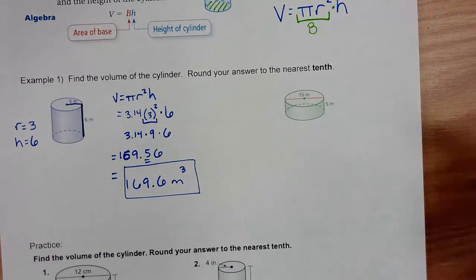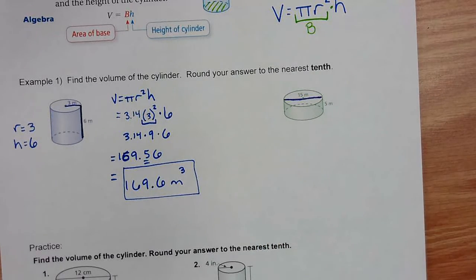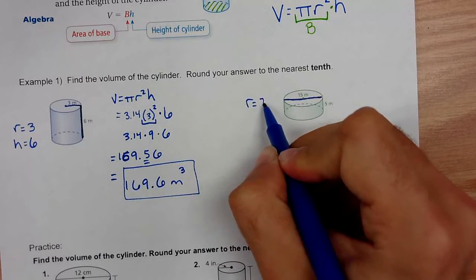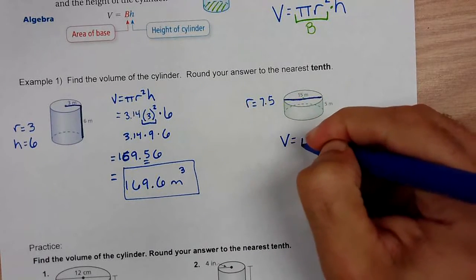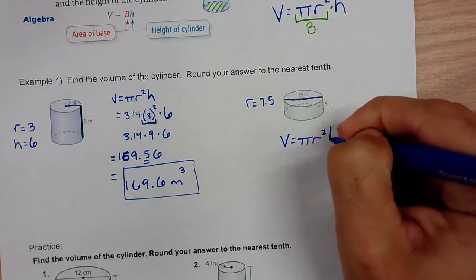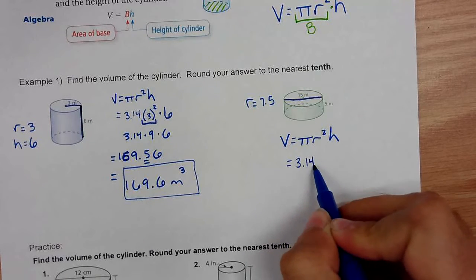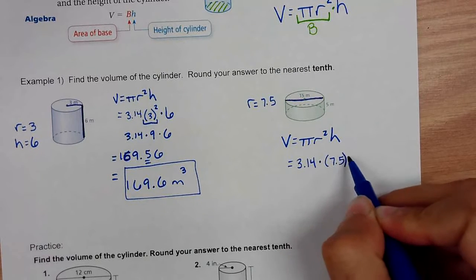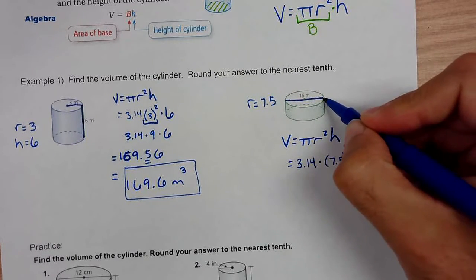Our second cylinder, now we have a diameter because that line went all the way across. So 15 refers to the diameter, so we're going to have to cut that in half to find our radius. So half of 15 is 7.5. Start with our formula, pi r squared h. 3.14 times 7.5 squared times our height, which is 5.